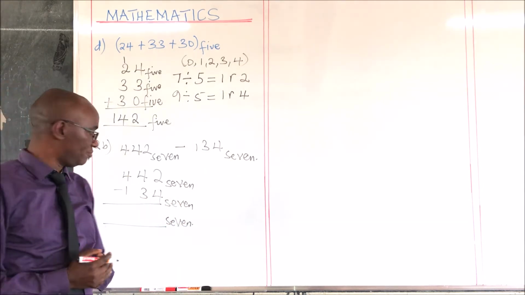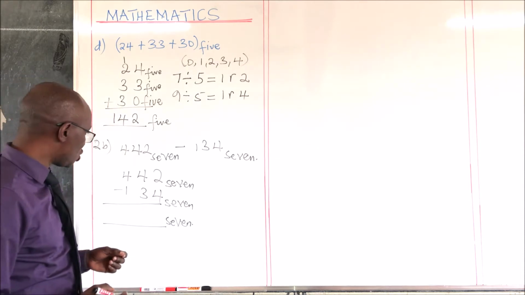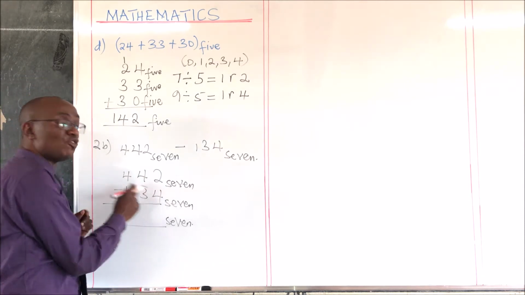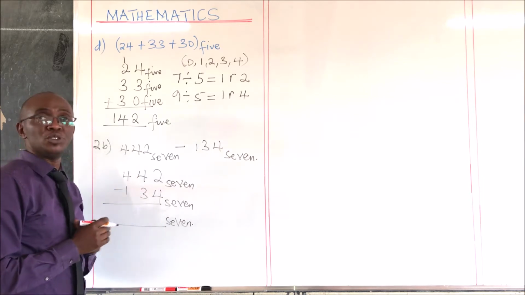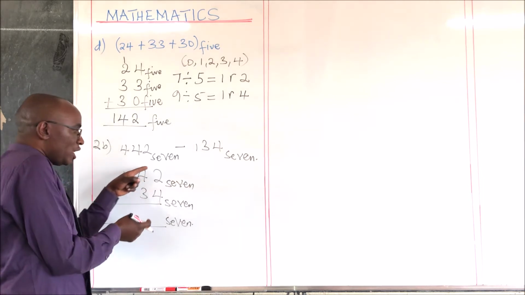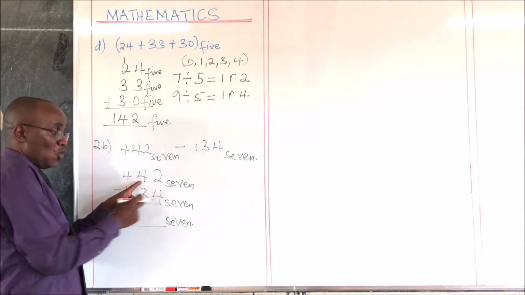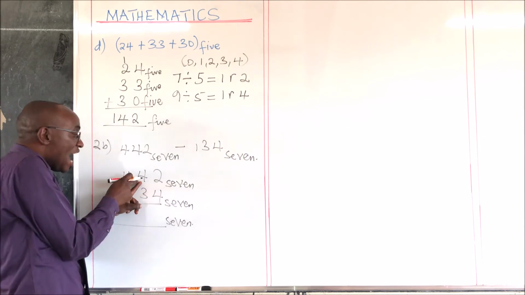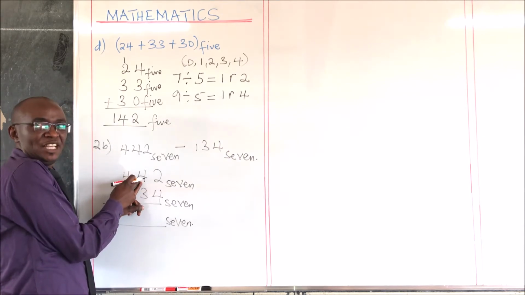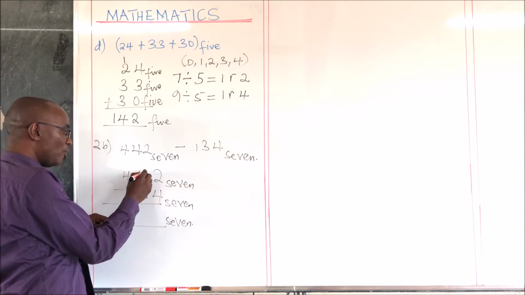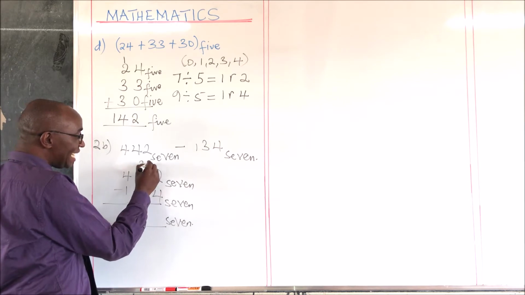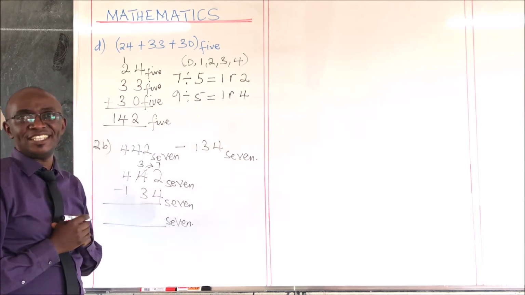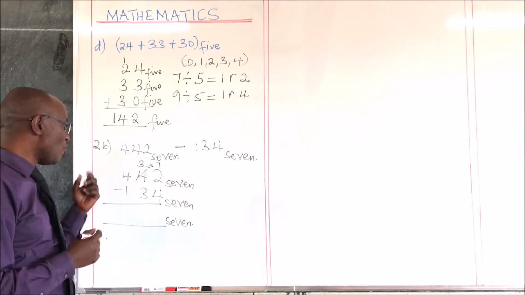Okay, 2 minus 4 is impossible. Why? Because 2 is less than 4. So we cannot subtract 4 from 2. So what do we do? We move to the next place value and borrow 1 seven. These are 4 sevens. So you borrow 1, and you have left 3 sevens. But you have taken a 7 because you are in base 7.